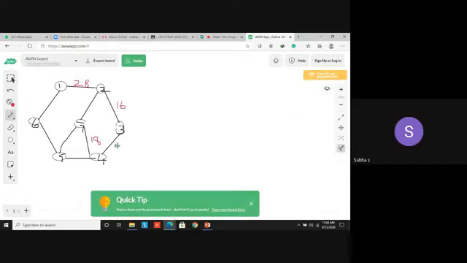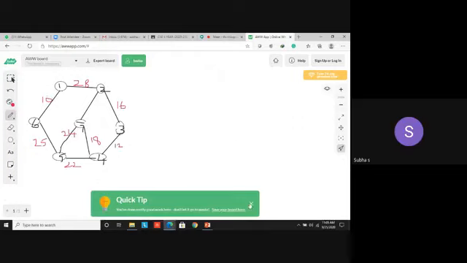And here it is 12. 6 to 5, we can have 25. Then 5 to 4, I have 22. The cost or the weight is given as 22. Then from 7 to 5, we have 24. And then 1 to 6, I have 10.